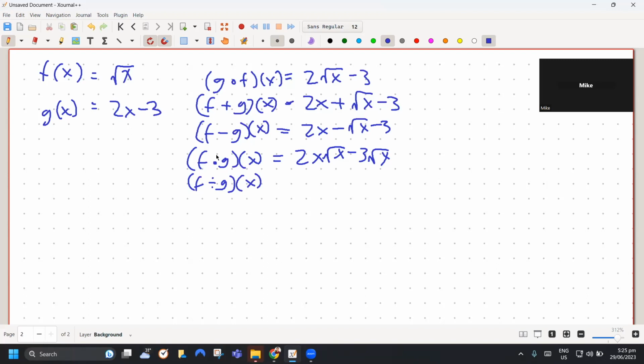F bar, yung bar lang instead of division, yung slash. F slash g.